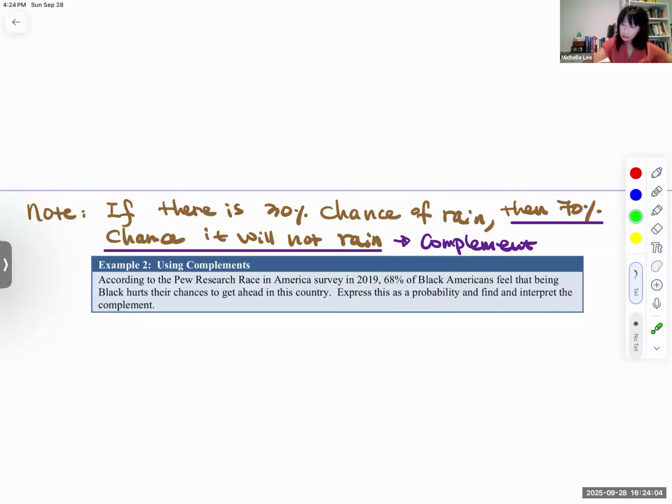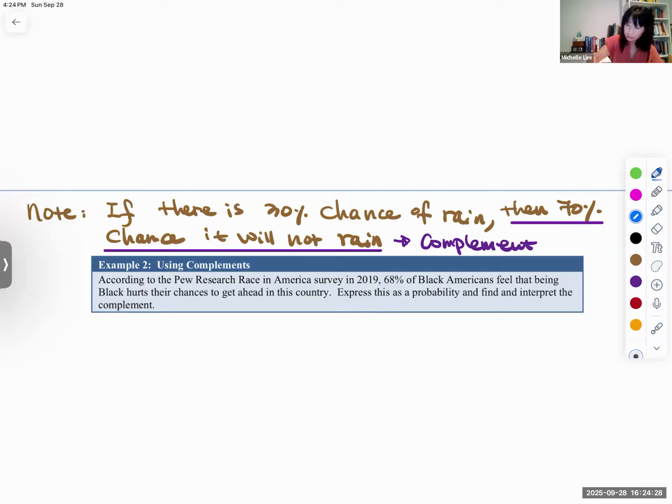Yeah, so let's use the complement rule for this one. We can just use 68%, right? So 68% is the opposite, like a 70% chance will not rain, right? So we get 32%, right? If we are using the rule, so let's do it.